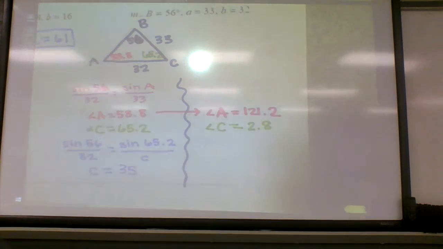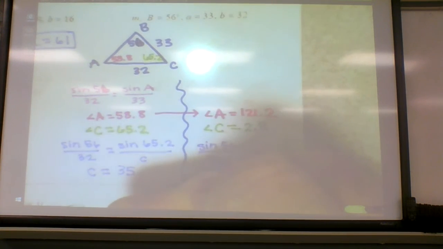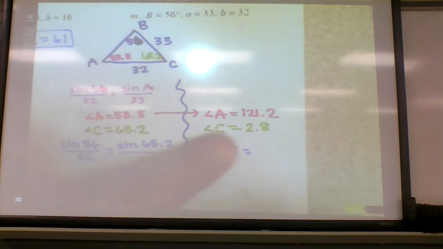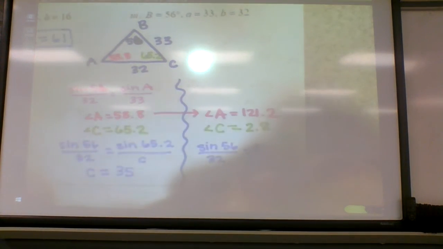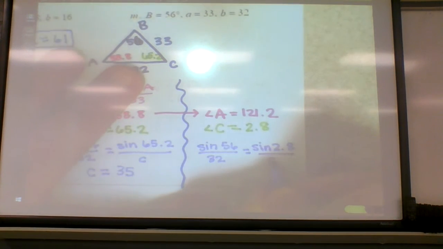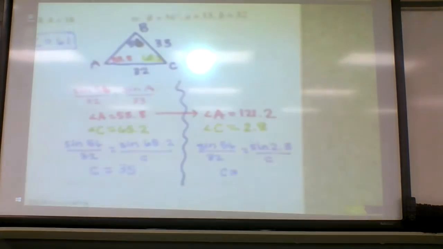And then last but not least, do the little c calculation again. But this time, instead of using this angle C, we're going to use that angle C. And so then you can recalculate little c.